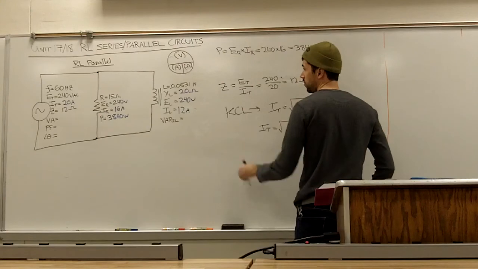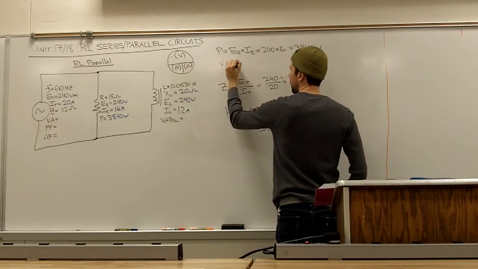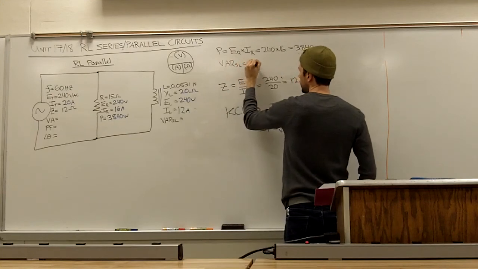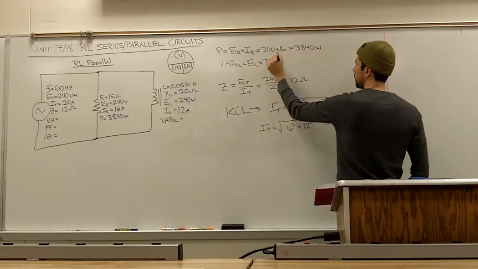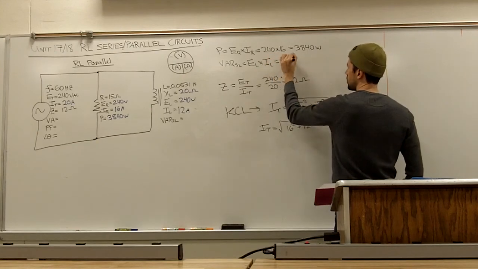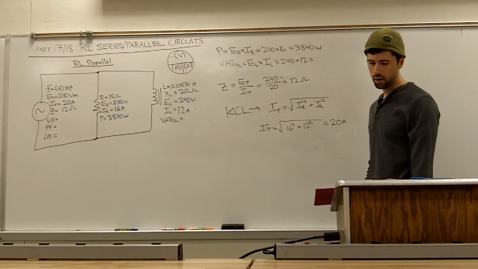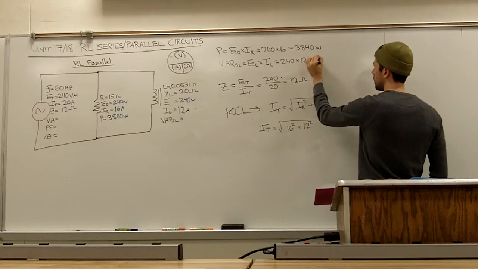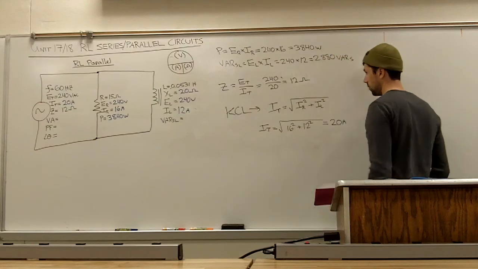Next, the reactive power of the inductor, bar L, is E sub L times I sub L. So 240 volts times 12 amps gives me a reactive power of 2,880 bars.